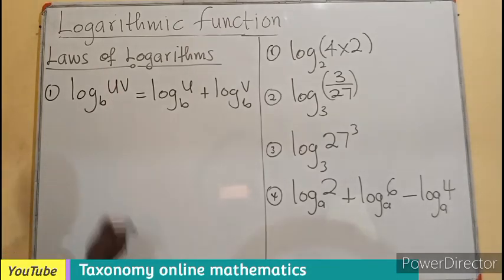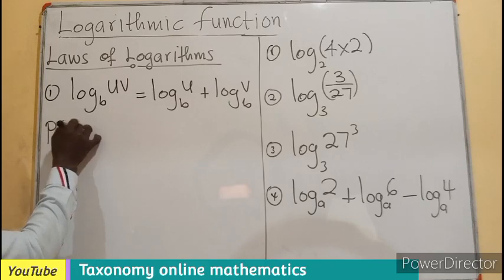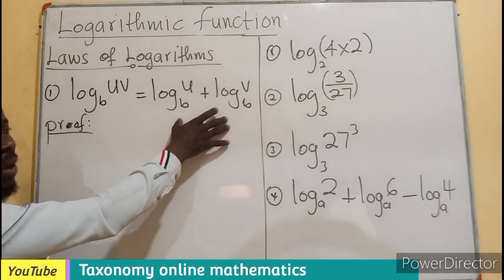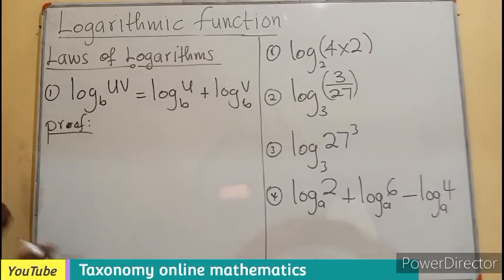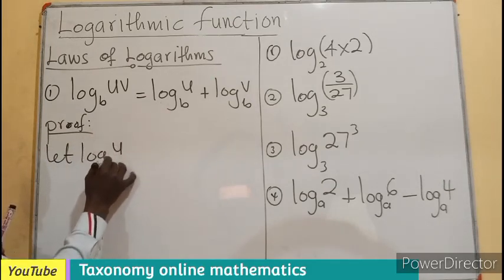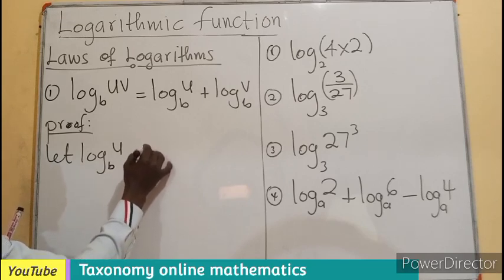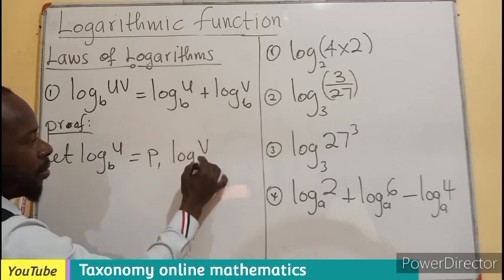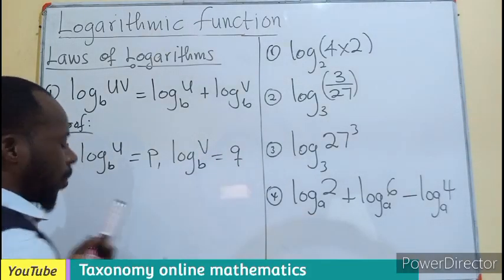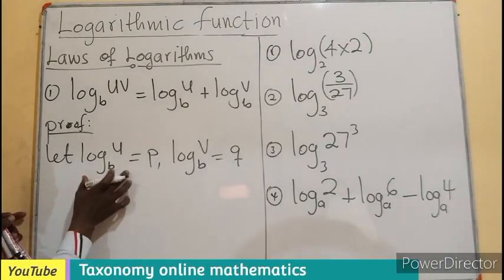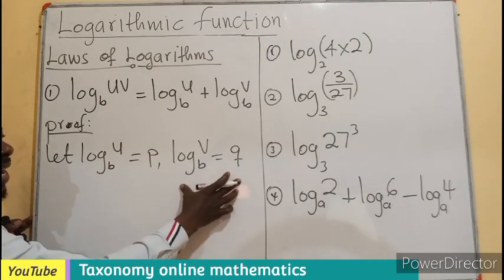So let's look at the proof. Why is it like that? Let's begin from the right hand side. Why is this the same as this? Let the logarithm of u base b equal p, and the logarithm of v base b equal q.